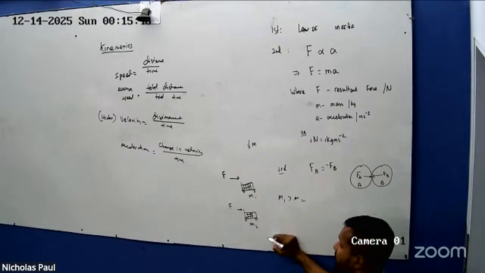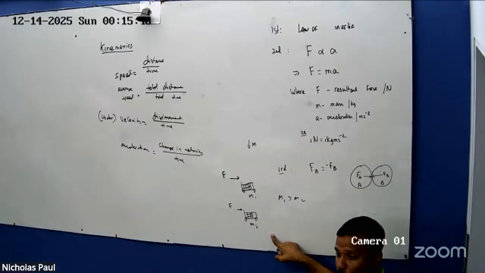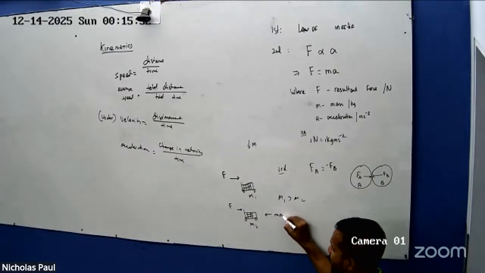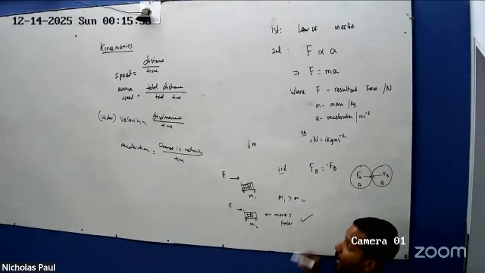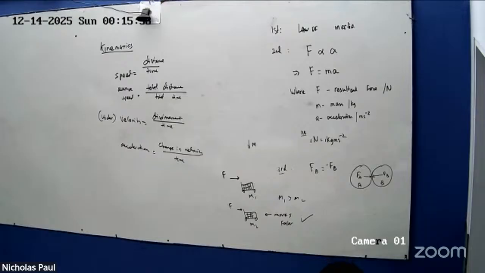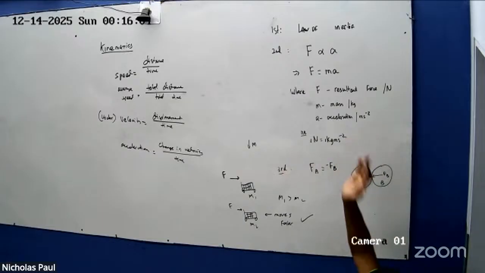We said the one with the smaller mass will move faster, so this one here moves faster. But I want to know why it moves faster. Yes, the mass is smaller. How come? Based on what you learned.